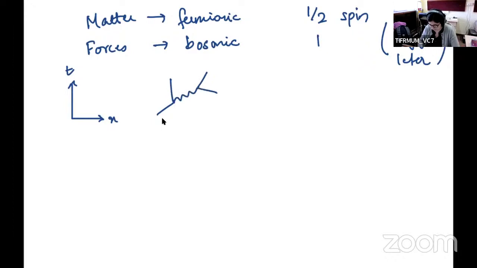So you have some matter particle that then emits some kind of force particle here and gets deflected. And then that force particle is absorbed by some other particle and it too gets deflected. So this is essentially just, you can think of it as repulsion between two electrons. So that's the microscopic picture we have of how we understand these interactions now.